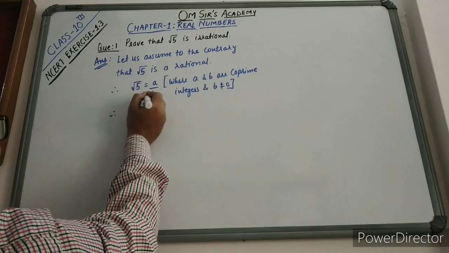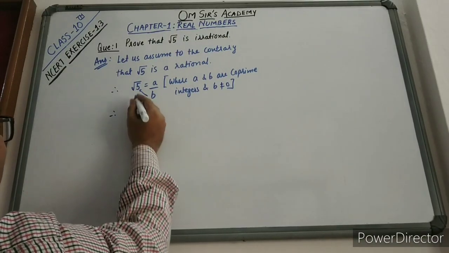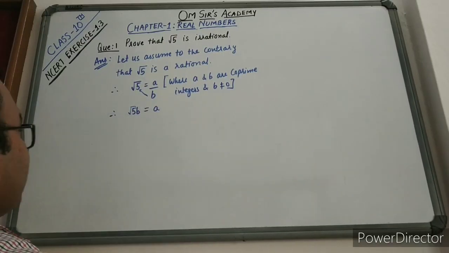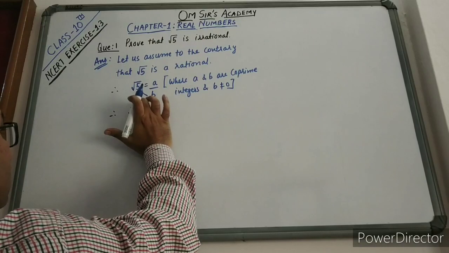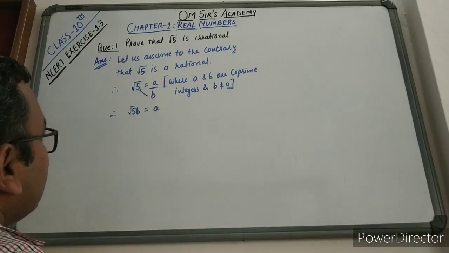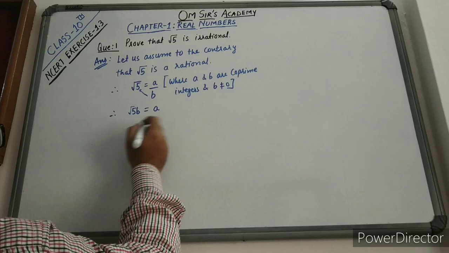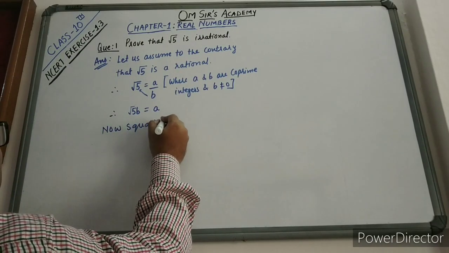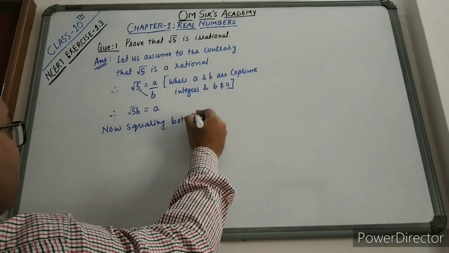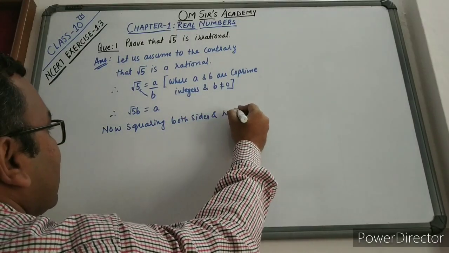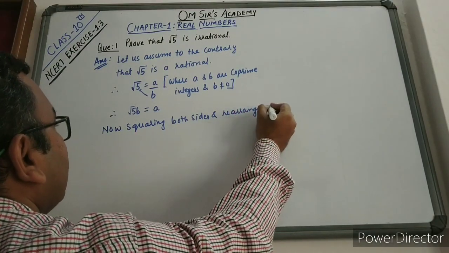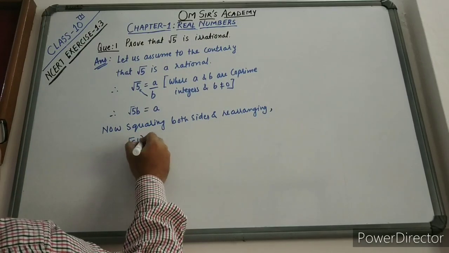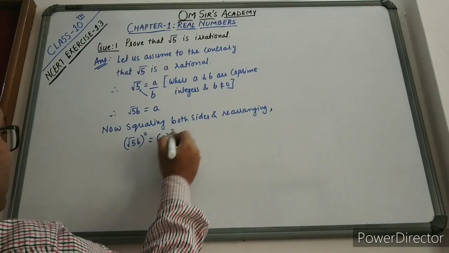Okay, so therefore if I carry this b to the next side, b into root 5, root 5b is equal to a. Is it clear? Now squaring both the sides and rearranging, we get root 5b the whole square is equal to a square.